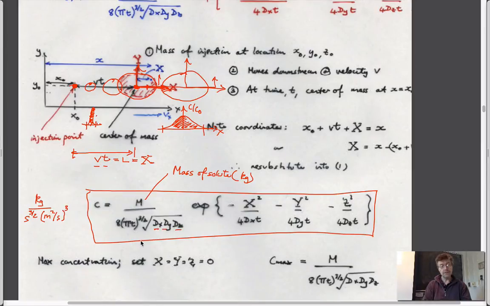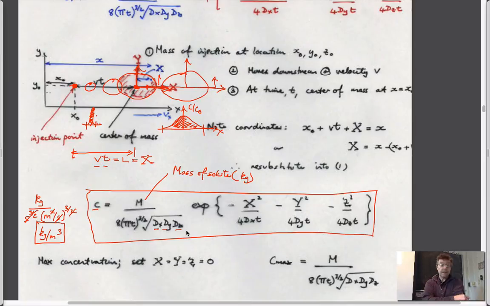This, this, and this, 3 of them. And it's a square root, so it should be 2. So let's see if I can manage to do that. It's seconds to the 3/2 times seconds to the minus 3/2. So these cancel out. And it's meters squared, square root meters. So the units are kilograms, meters cubed rather. So indeed, this is a concentration consistent with these other dimensions. I did manage to get that one out.